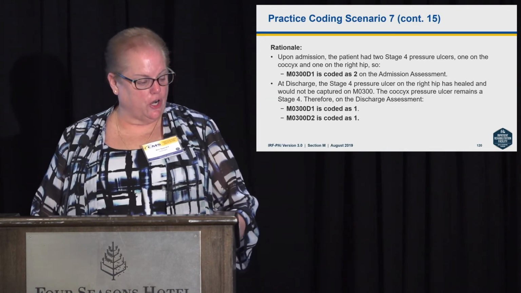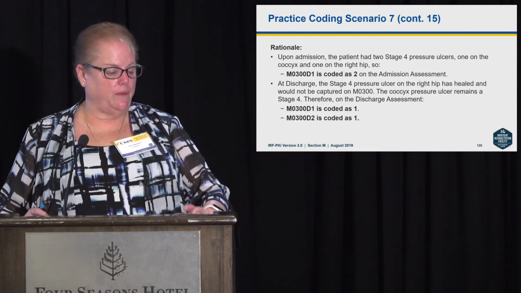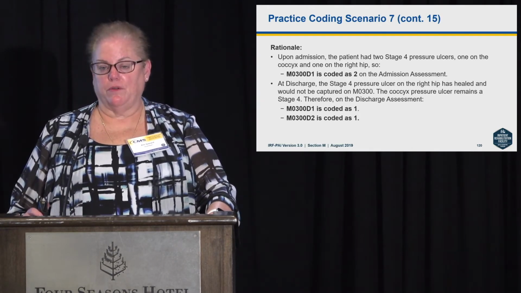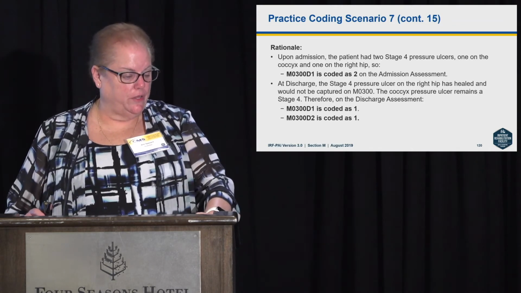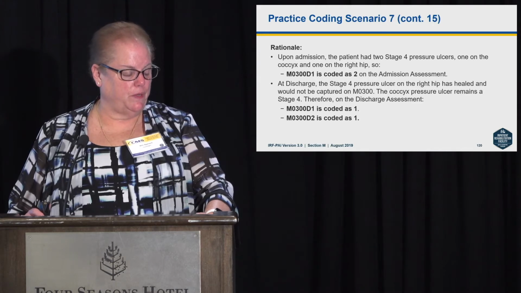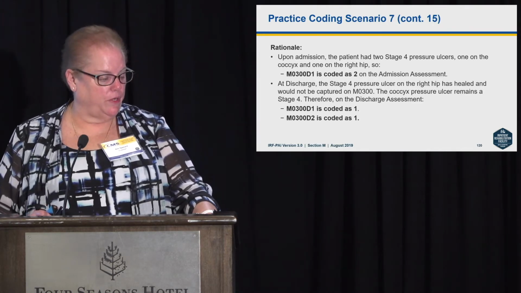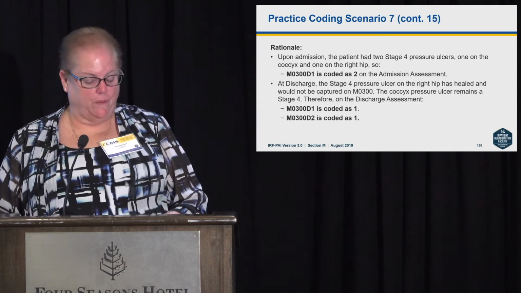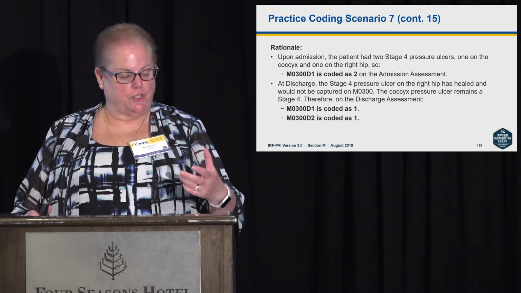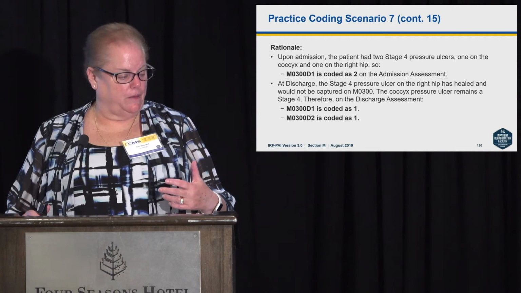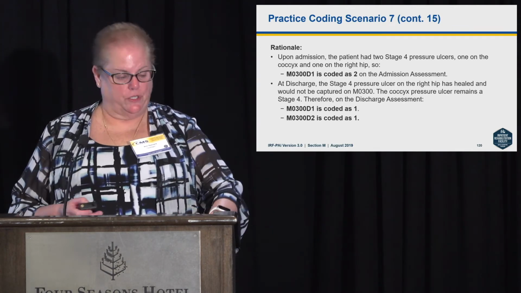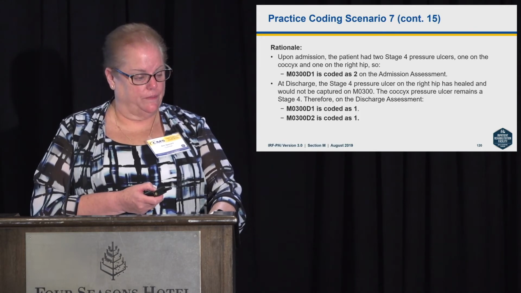Then at discharge, the stage 4 pressure ulcer on the right hip was healed and would not be captured in M0300, because it's not there on discharge. The coccyx pressure ulcer remains as a stage 4, therefore on discharge assessment, we would code M0300D1 as a 1, and then when we ask how many of those were present on admission, we would say in M0300D2 that we had 1 of those present upon admission. So that's the rationale that we could use.